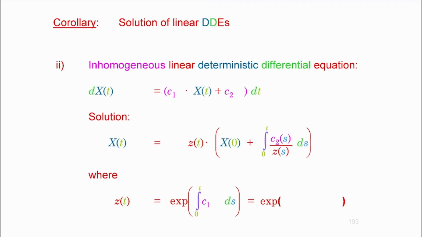Okay, if you do, then you get C1 times t, right? Because if you take the derivative of that with respect to t, you get C1 back, which is a constant. And then minus the antiderivative at point 0. Now, the antiderivative at point 0 is going to be 0, so you're left with e to the power of C1 times t, and that's it.